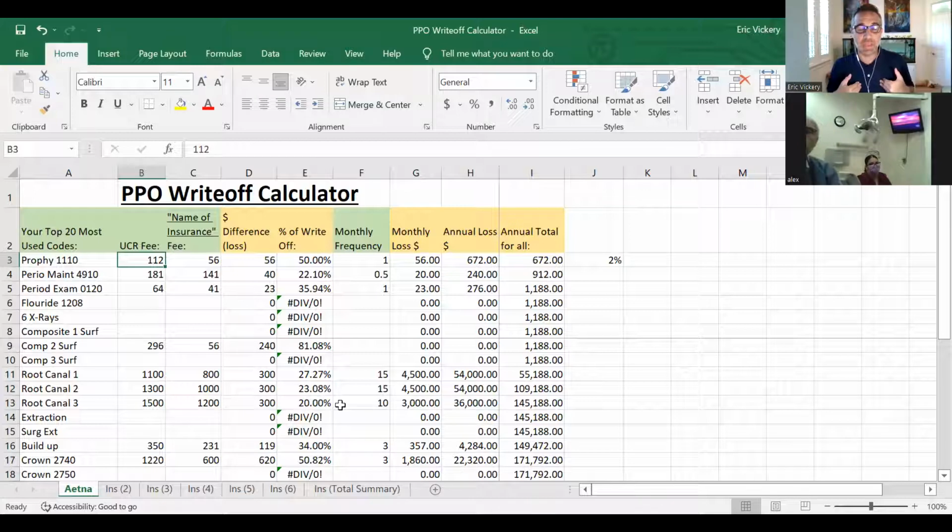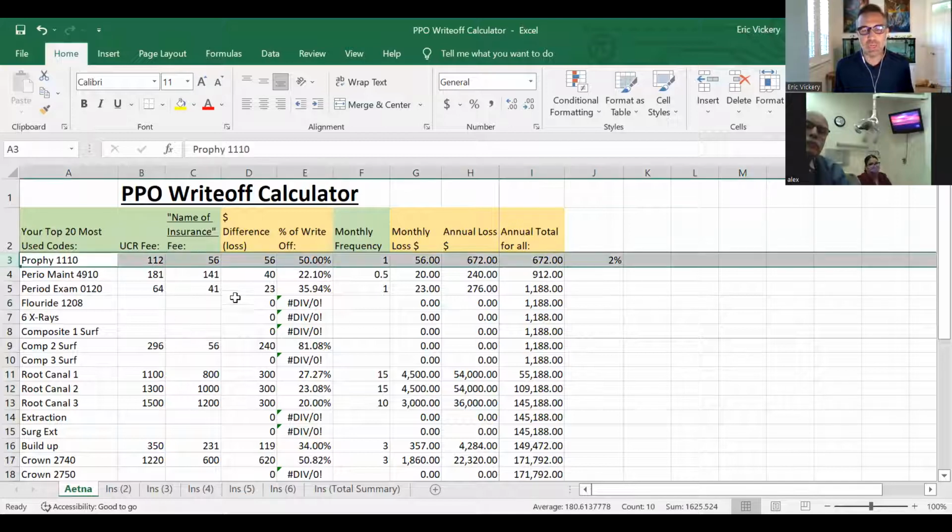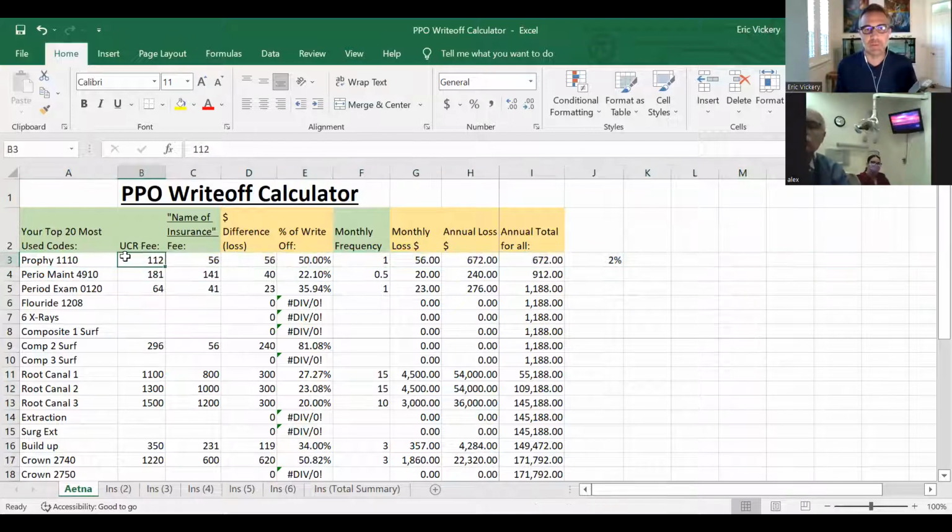So when an Aetna patient comes to see you and your fee is usual and customary, it's not $212, and I'm an Aetna patient, I come in, I see Uzma for my hygiene visit, and you bill my Aetna for me, the claim comes back from my prophy and they pay you $112. I still pay nothing. Okay? Because 100% of a UCR fee is 100%.